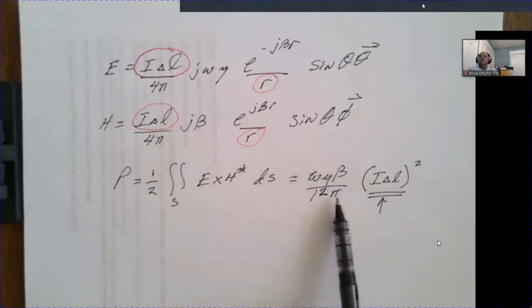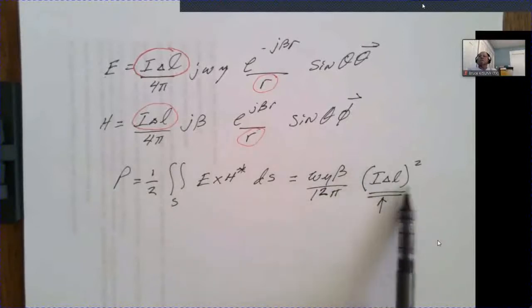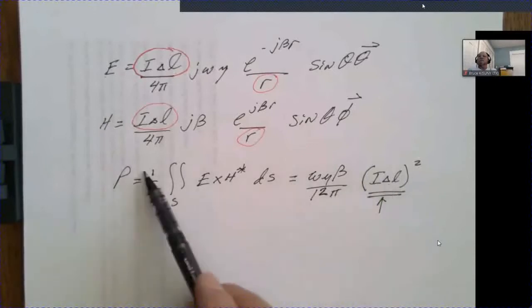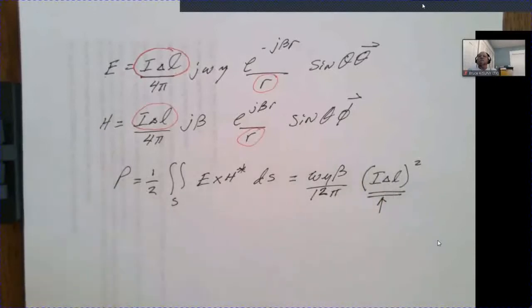And obviously 12 pi is a constant. But right here, the more current and the more wire you have, the more power you're going to deliver at some receiver point away, okay? That's what's going to radiate. So we want to take this now and say, all right, what can we do with this?